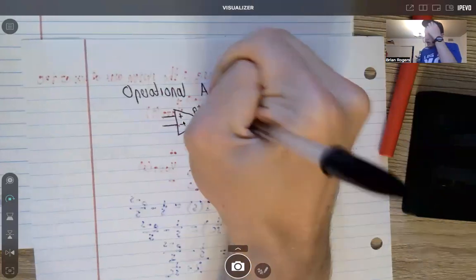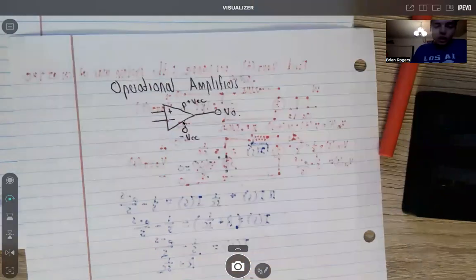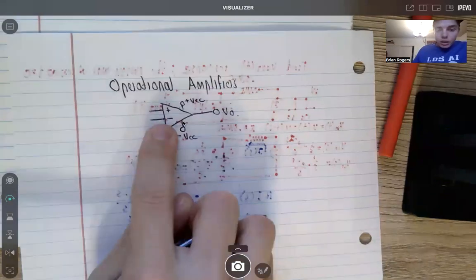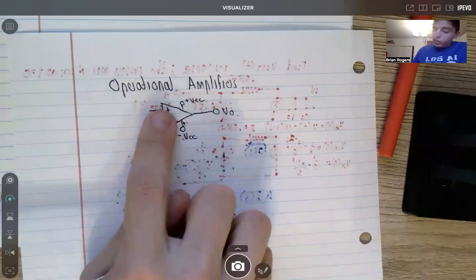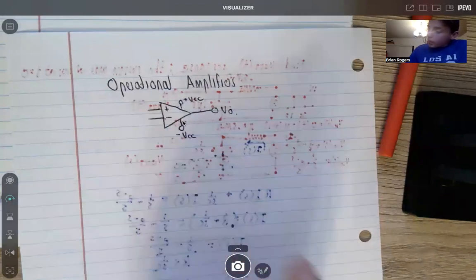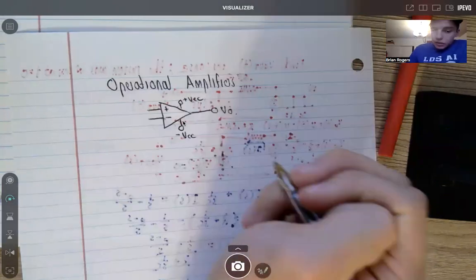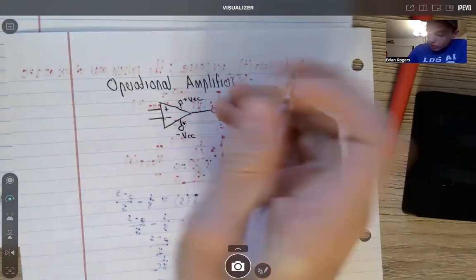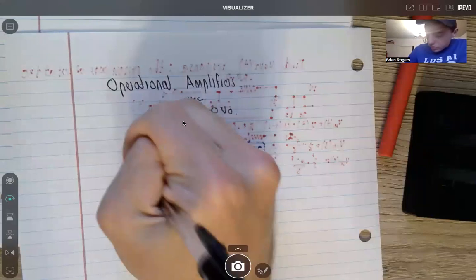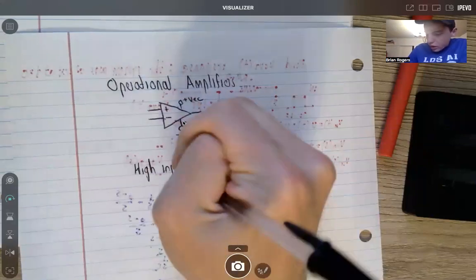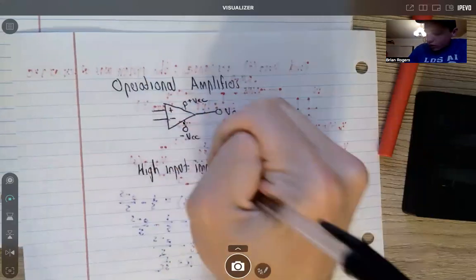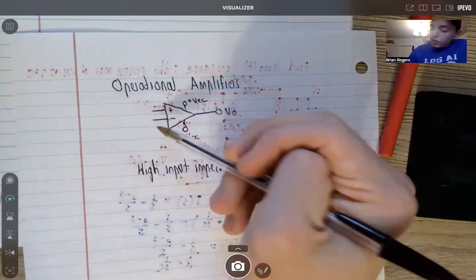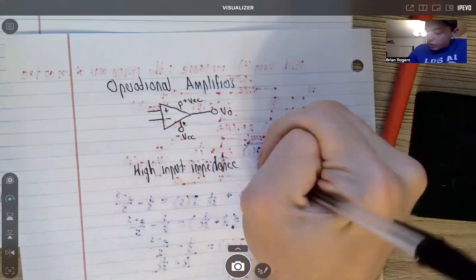What you're going to notice is there's barely any current coming into these ports. If there's almost no current coming in, that must mean the input impedance is really high, almost infinity at the input.